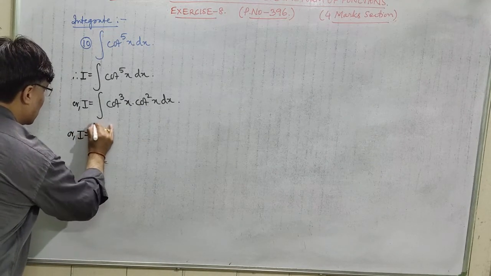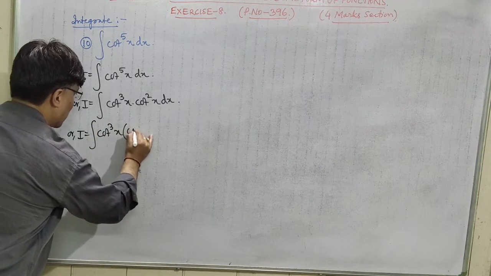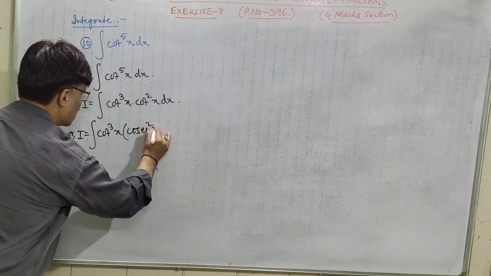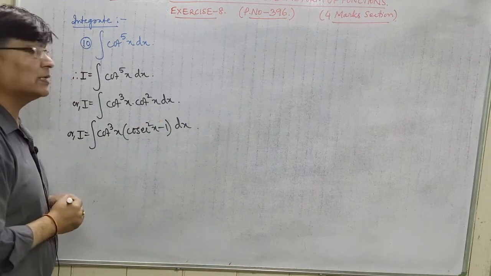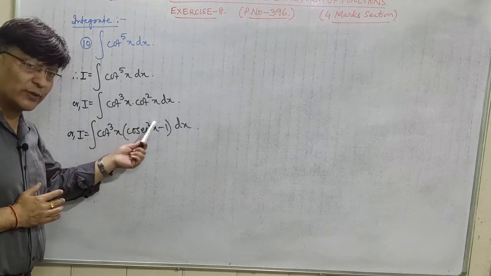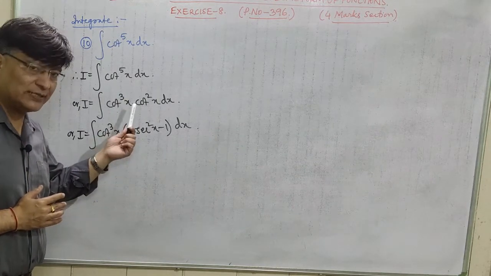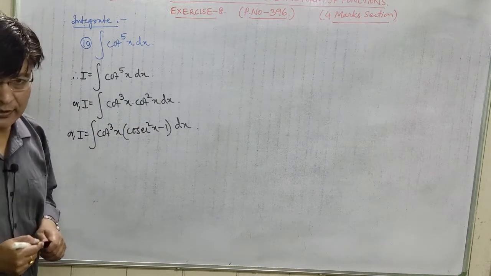Or I is equal to integration of cot cube x, and within brackets cosec square x minus 1, dx. Is that clear? Because the differentiation of cot x is cosec square x, so we have changed cot square x in terms of cosec square x minus 1.